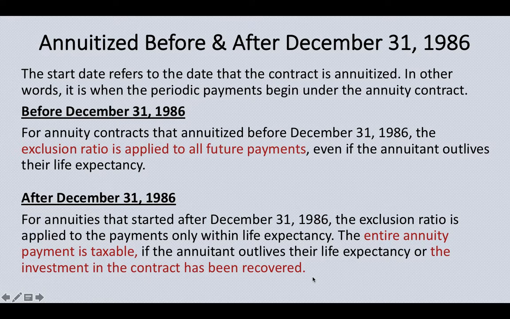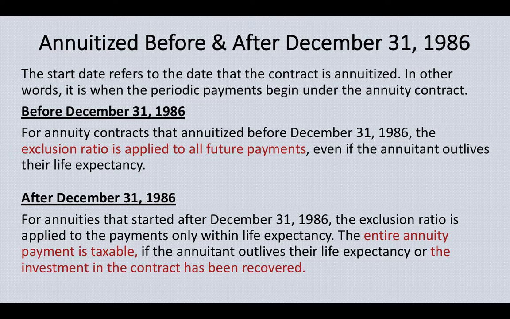So in the previous example, Nancy lived more than 20 years. For 20 years, her basis was covered. $240,000 was recovered, right? So if she lived beyond 20 years and received, let's say, a monthly payment of $1,500, the entire $1,500 will be taxable.